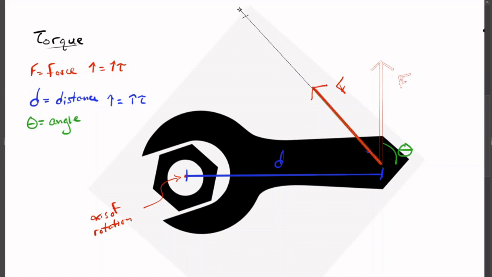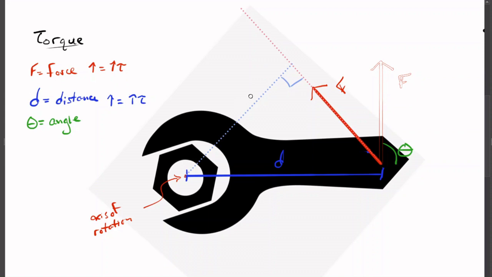So if we extend this force line, and now we evaluate the displacement between the axis of rotation and the perpendicular application of force, right there, well, now we've got a right angle.